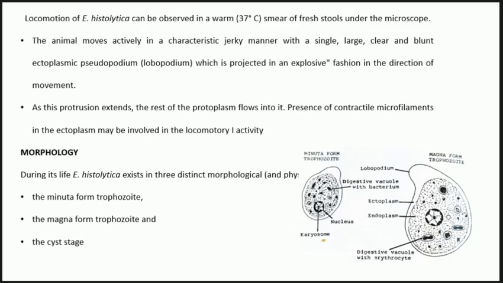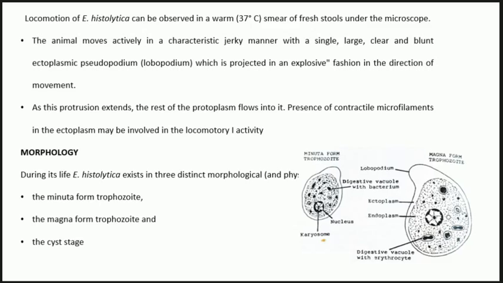So now let's talk about its morphology. The life of Entamoeba histolytica exists in three distinct morphological or physiological conditions: the minuta form trophozoite, the magna form, and the third one, the cyst stage.